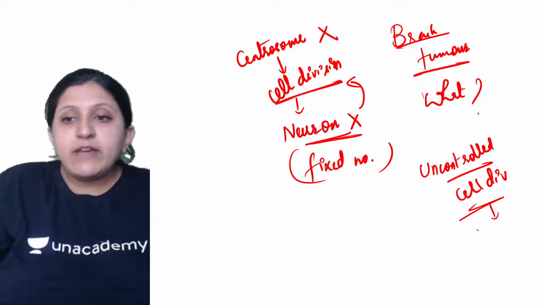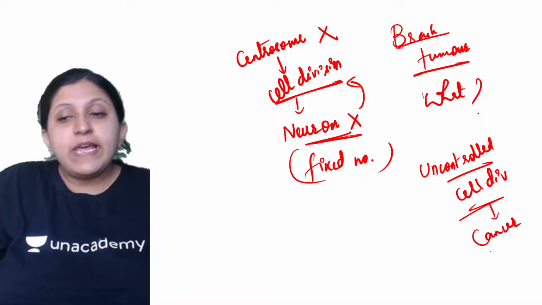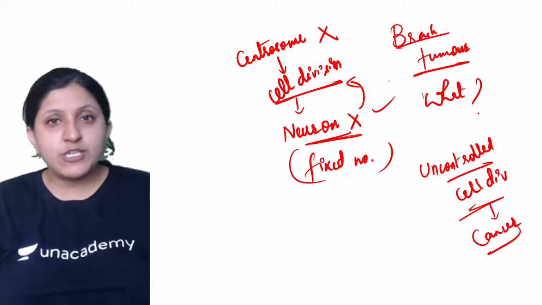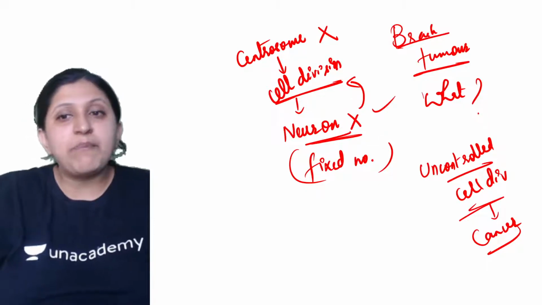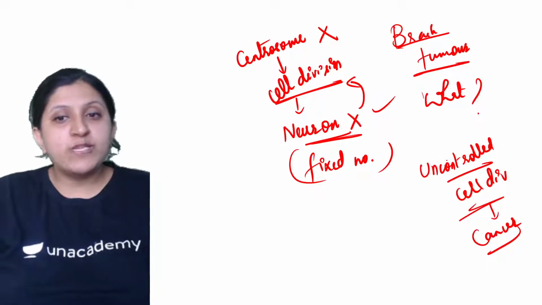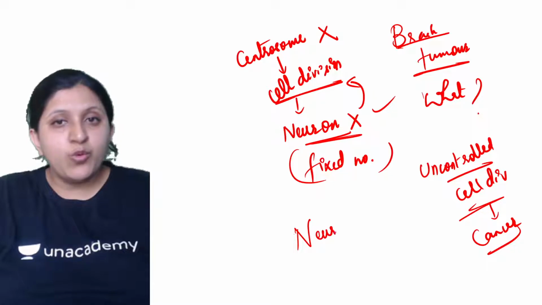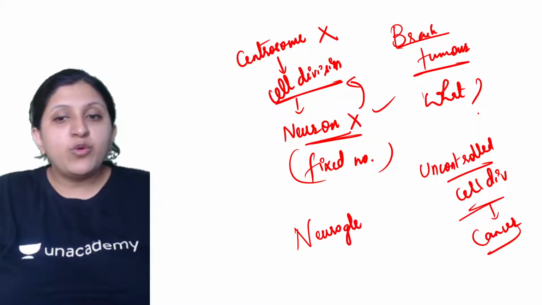Okay, but here as you can see there is a formation of brain tumor, but neurons have lost the capacity to divide. So how exactly is this happening? All this is possible because in association with this neuron, you can find a neuroglia.